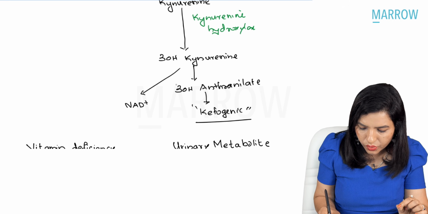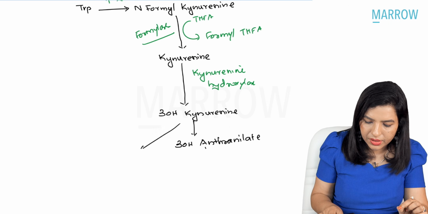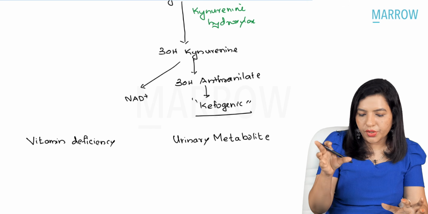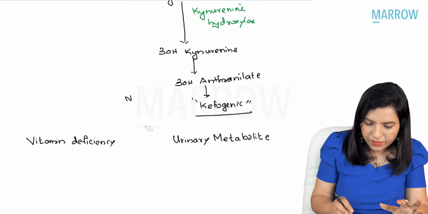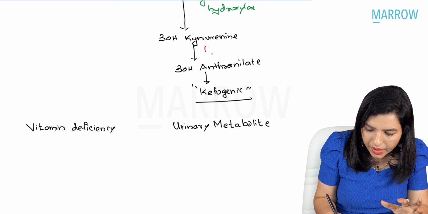Tryptophan enters into a ketogenic fate, and in between what we should learn here is that 3-hydroxykynurenine is converted to 3-hydroxyanthranilate by the enzyme kynureninase.